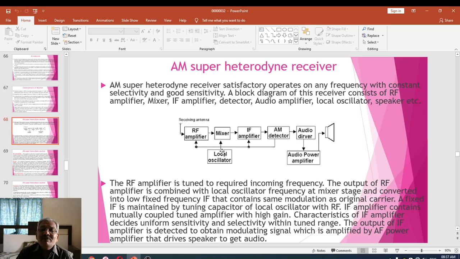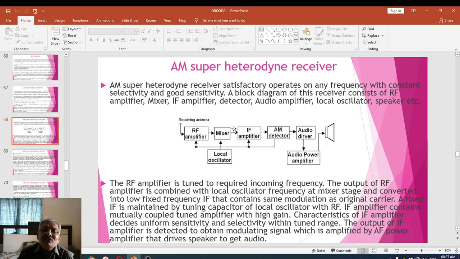Let that local oscillator frequency be FO. Both the signals are given to the mixer. Mixer makes use of non-linear devices along with the passive components, so that in the mixer the signal frequency received from the RF amplifier and also the frequency received from the local oscillator are going to beat with each other.